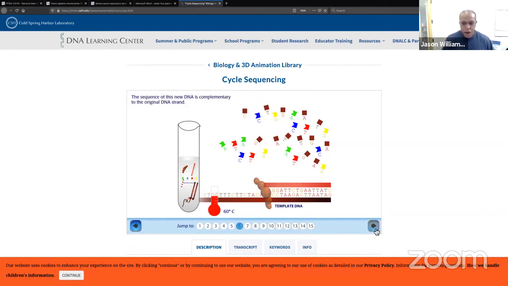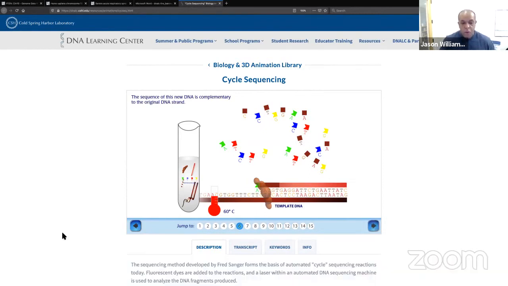We go ahead and let the process run. And what you'll see is that we slowly incorporate those individual bases. But every once in a while, just by random chance, we get an A, in this case, which is one of those dideoxy bases.